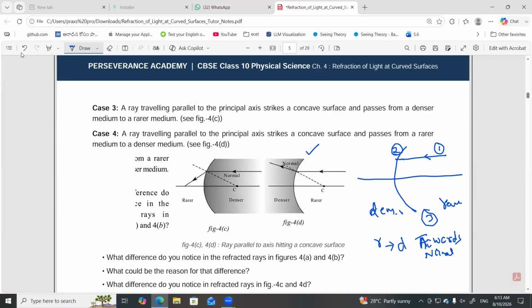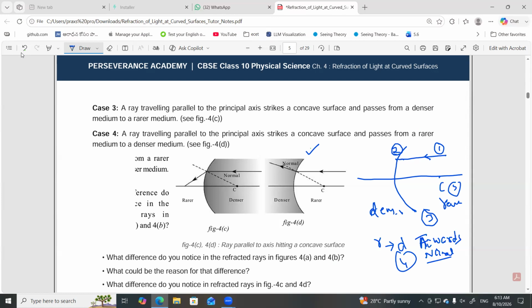Where do I have to draw the normal? How can I find the normal? First look at the center of curvature point, where it is. So this point is the fourth point. Now we are discussing the normal, the fifth point. This is the center of curvature and this is the point of contact.